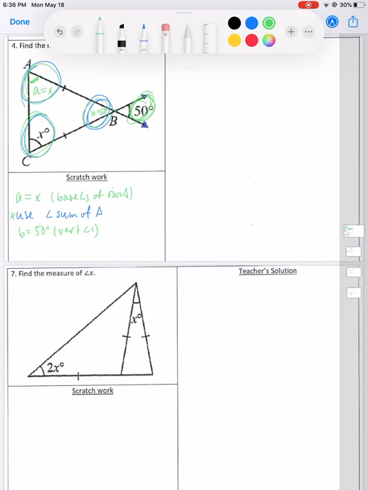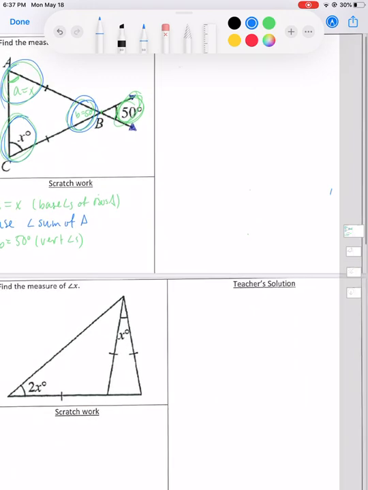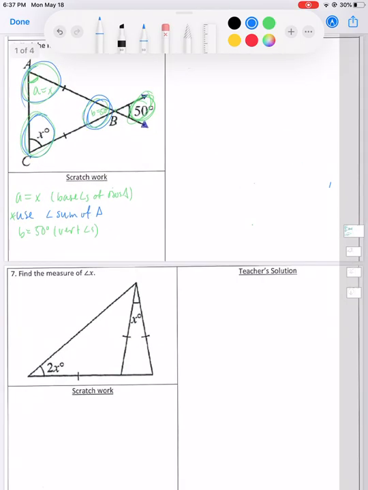Okay, so let's go ahead and formulate that into our teacher solution. The first thing that we want to show is that we could start with angle A here, or we can start with angle B. So let's just say that angle A is equal to x from base angles of isosceles triangle.